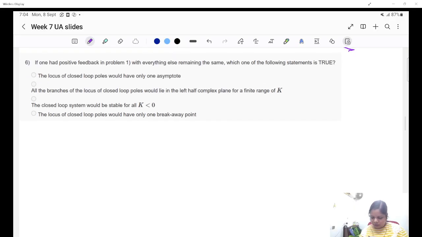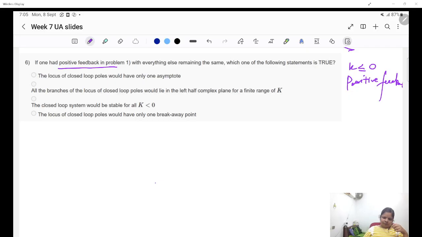Okay, let's move to the next question. This is a question in which it is just said that if it were a positive feedback system with everything remaining the same, which means your k is less than equal to 0 plus it is positive feedback. That means what? If I change the way of thinking, I can make it equivalent to k greater than equal to 0 and a negative feedback system, right?